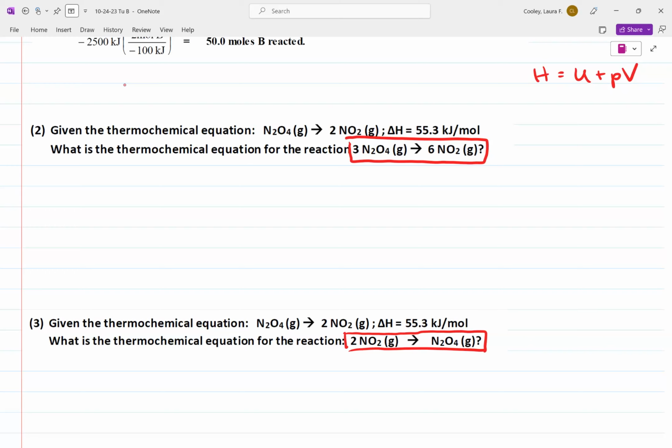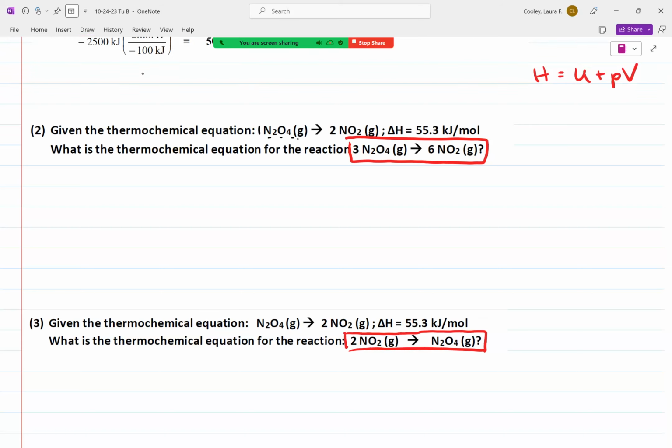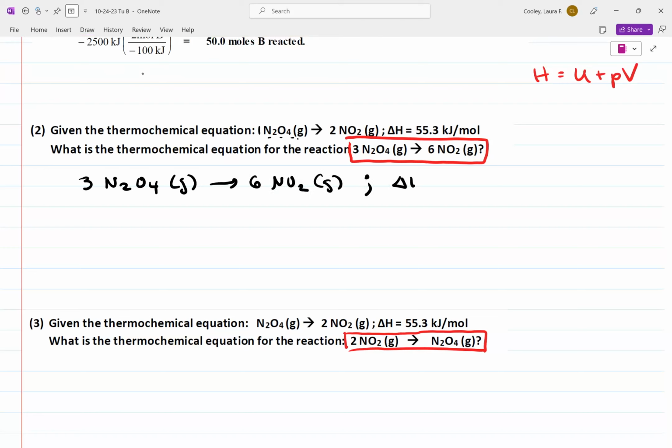All right. So what do you think about this? We've been talking about this first equation here, the one with the 1 N2O4, right? That's a 1 there. So what do you think is the thermochemical equation for this? If I write this down, what would my delta H be here?